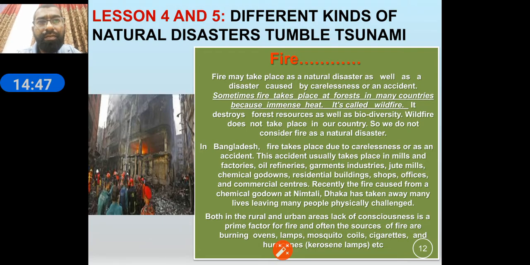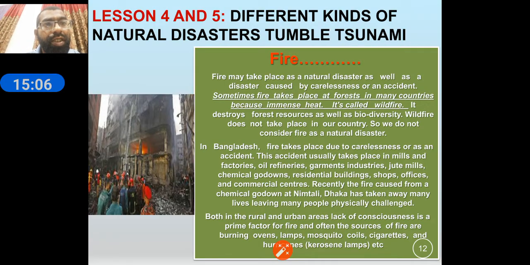Fire, it can be naturally initiated, but generally we don't see that in our country. Australia is very prominent for wildfire, but our country is at risk of man-made fire.